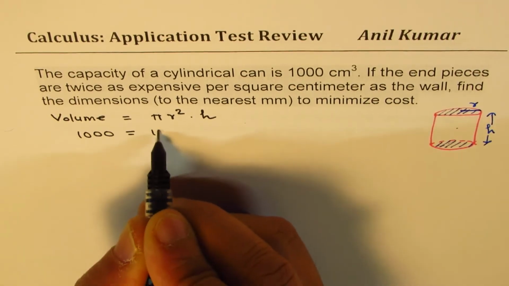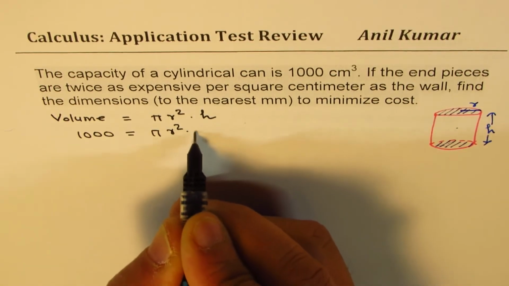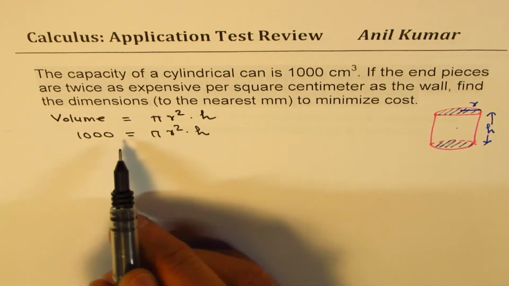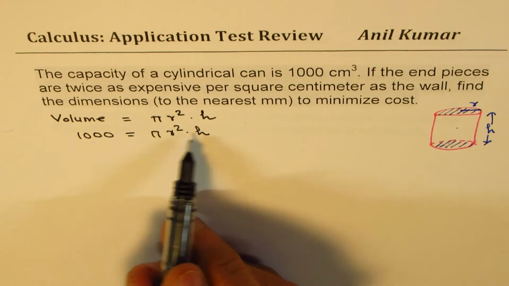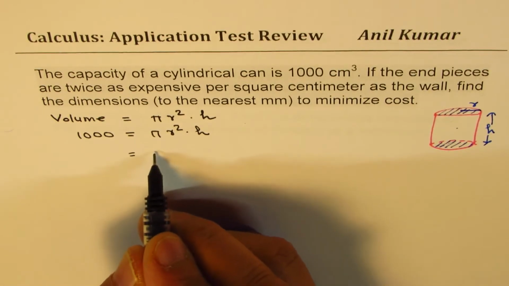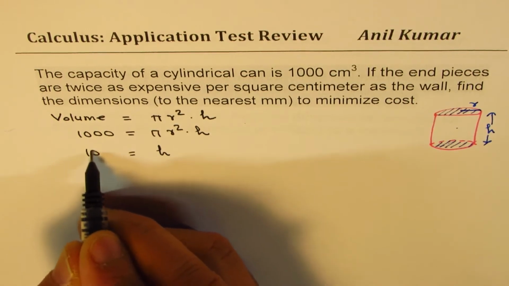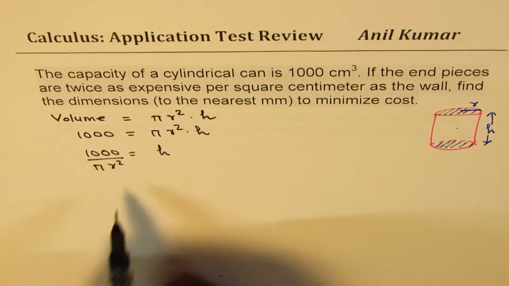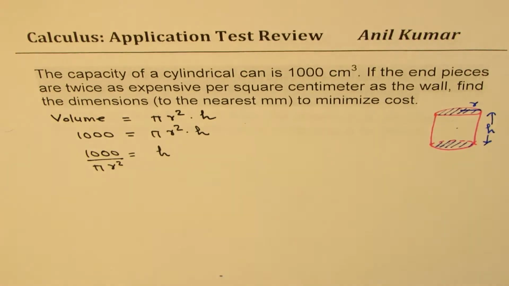So 1000 is pi r square h. From this formula, you can always isolate h, so we can relate h and r, right? So generally, we will do like this. We'll say h equals 1000 divided by pi r square. So we have related height and radius. Do you see that? Okay.